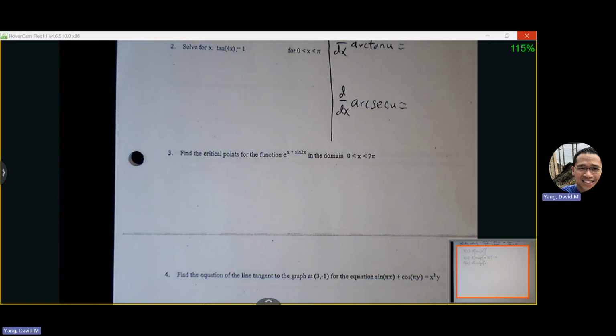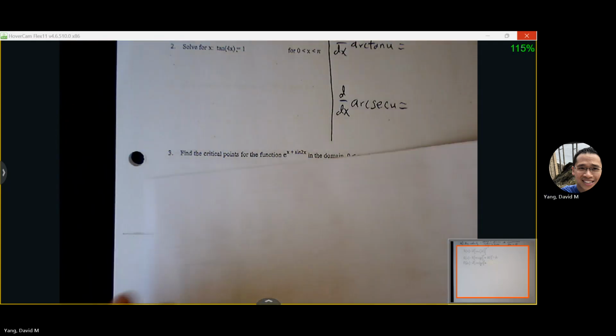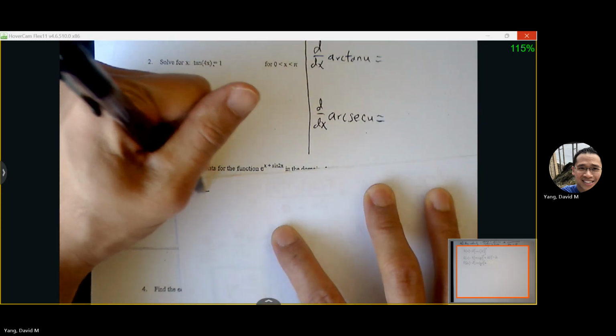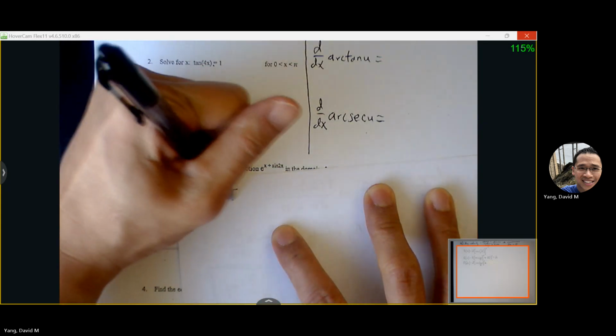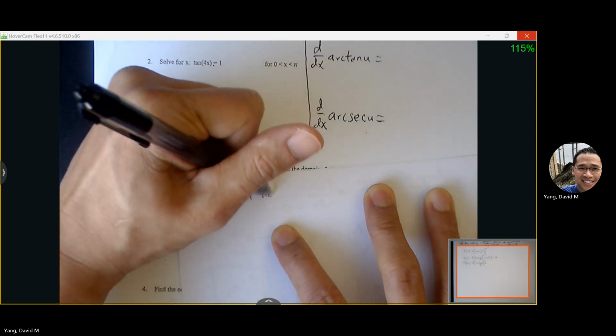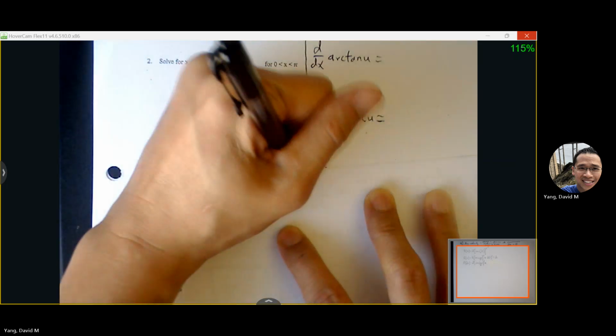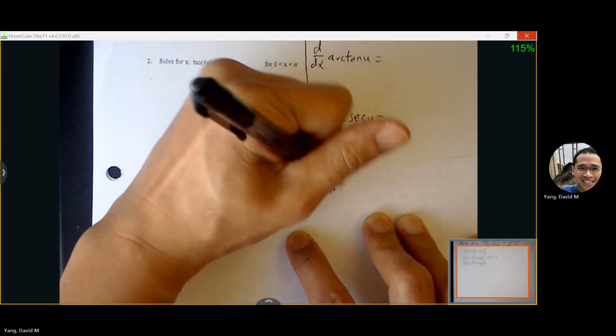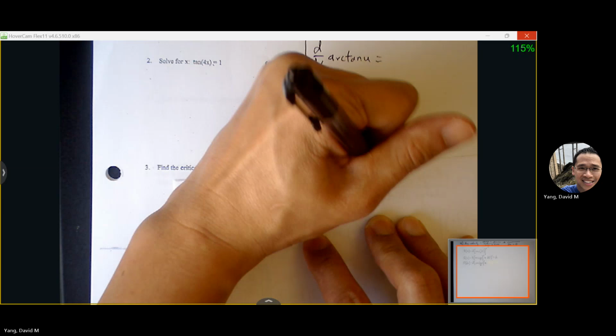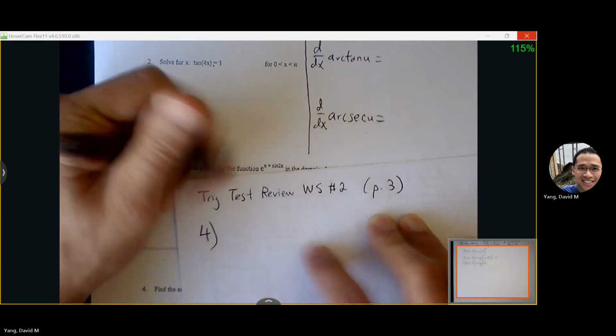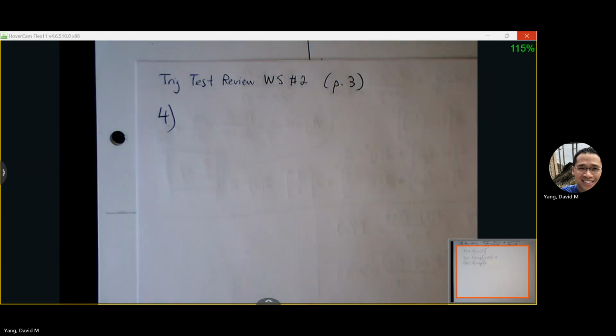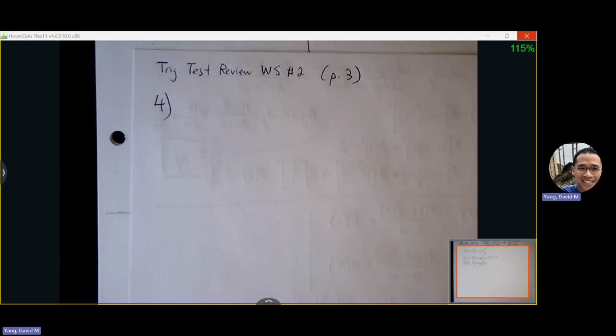Let's try number 4. So number 4 says, write the equation of the tangent line at 3, -1.